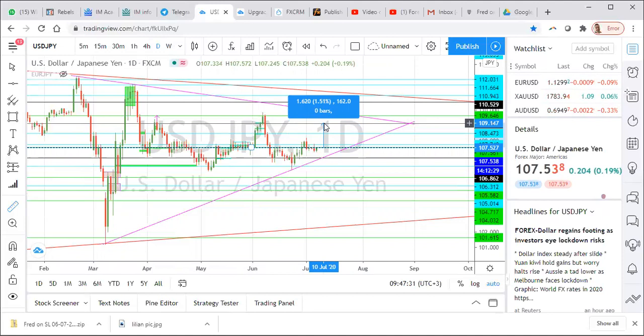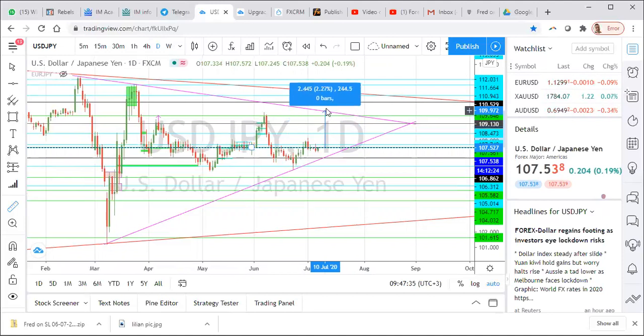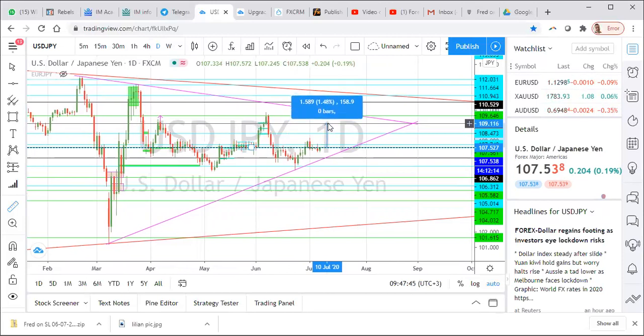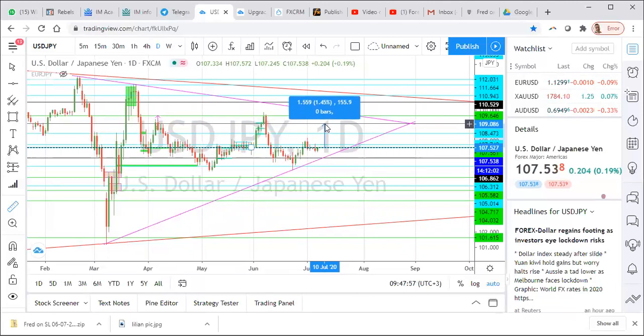Liquidity, I think it'll fill this gap and probably then push all the way here before it continues on its downtrend. That's my take. But for now, the shorter term, I'm looking at 100, because UJ's moves are really not that big in a day. So 100 to 150 pips on UJ.